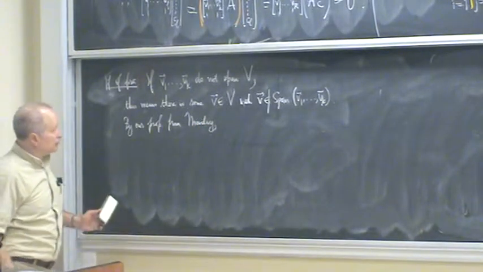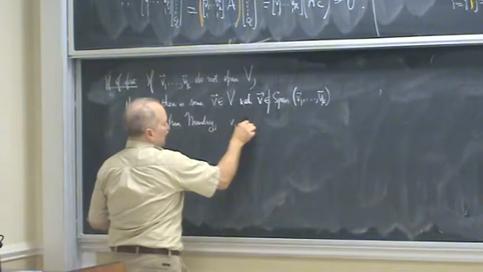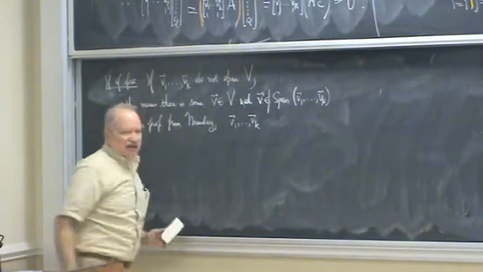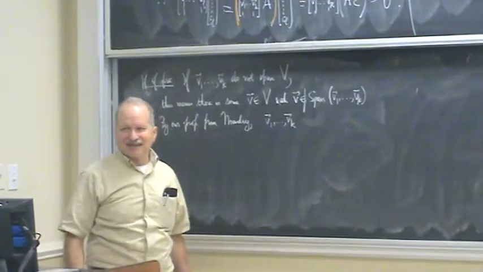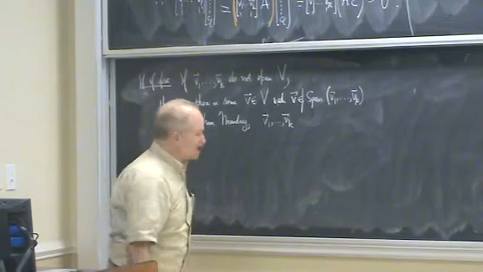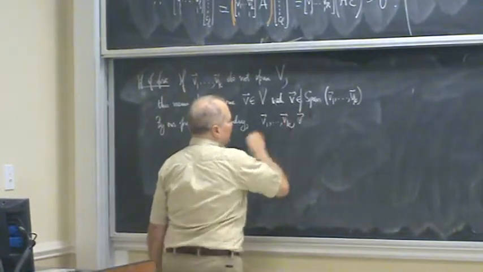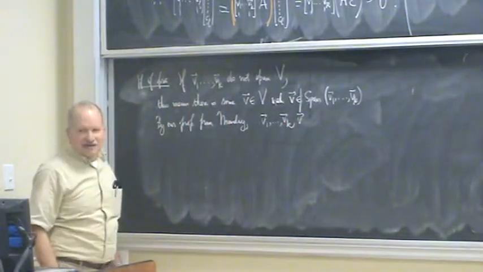What's true? If you append, this is very CS-y, just add a V, add another thing to your list, append it to your list, it's still linearly independent.